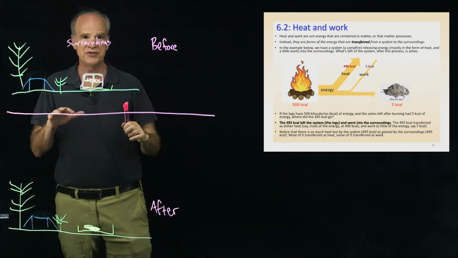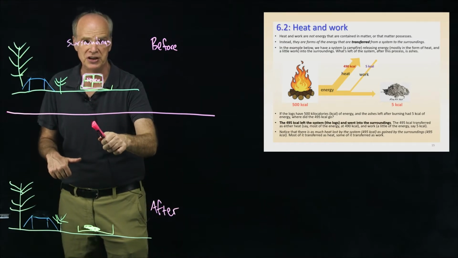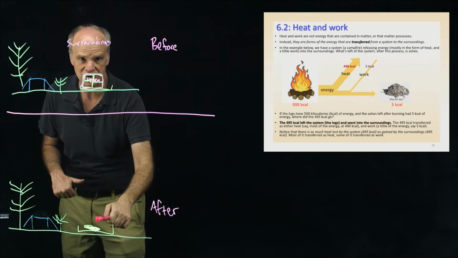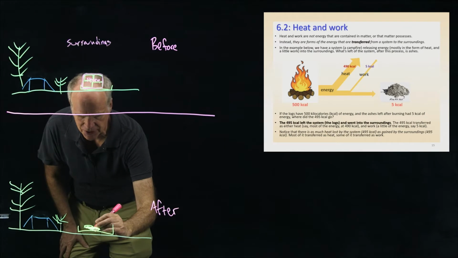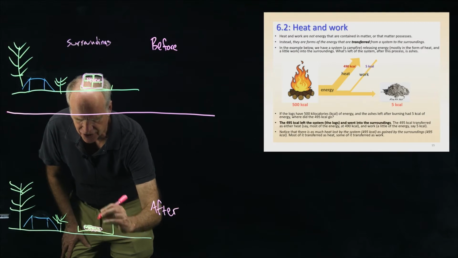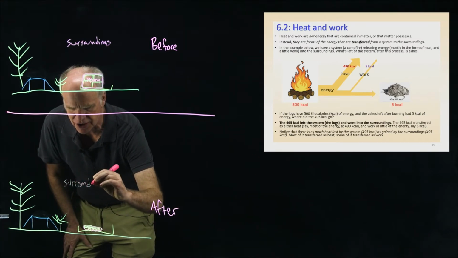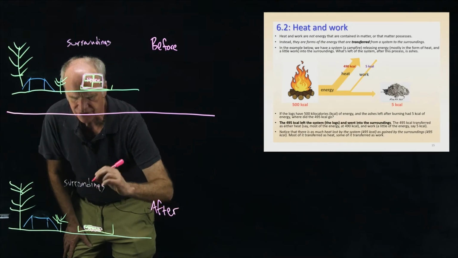Now, one thing that's going to happen is we're going to burn these logs, and then this system will decompose from logs to ashes. And so the system is still here after we burn them, but now the system is ashes. And then outside the system here, after you burn the logs, you still have the surroundings.